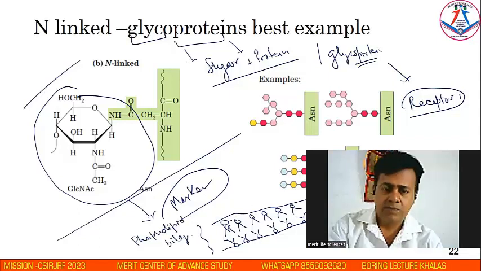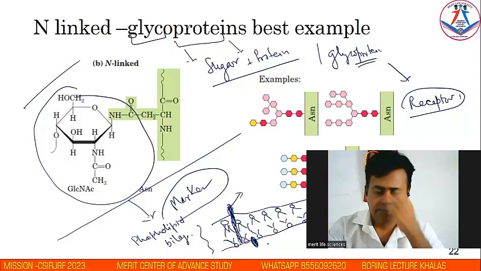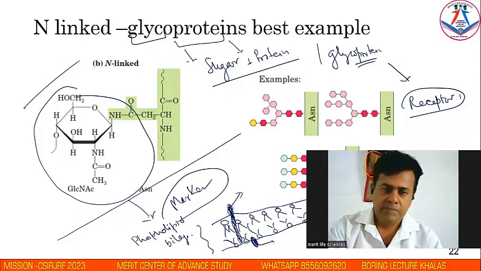So you can see there are two types of proteins: intrinsic proteins and extrinsic proteins. This is extrinsic proteins, and intrinsic protein.